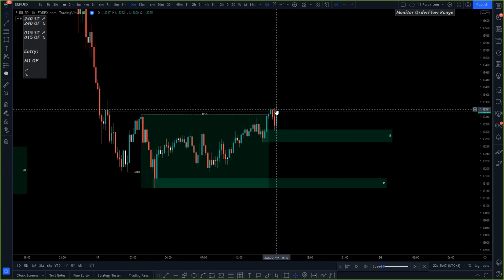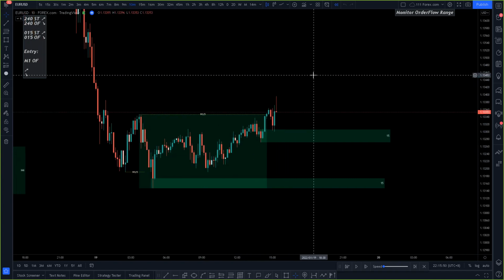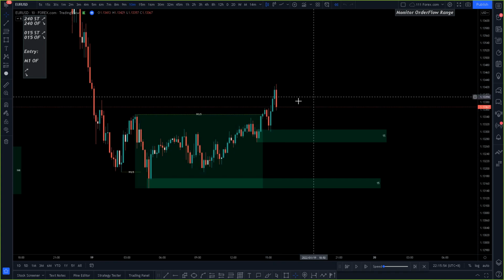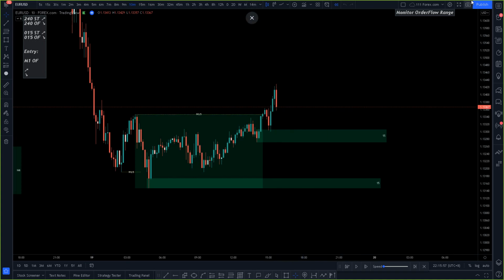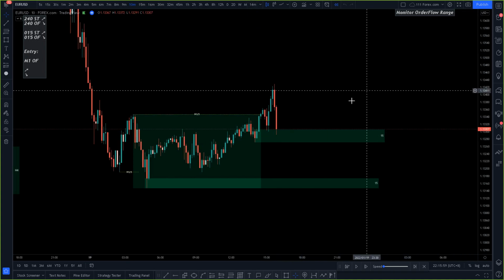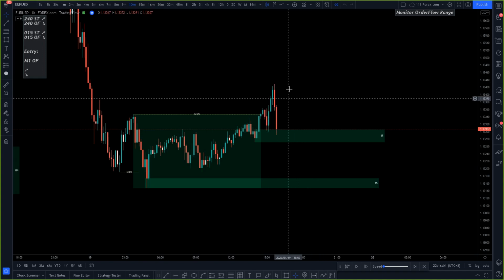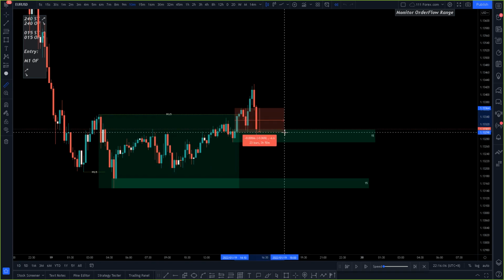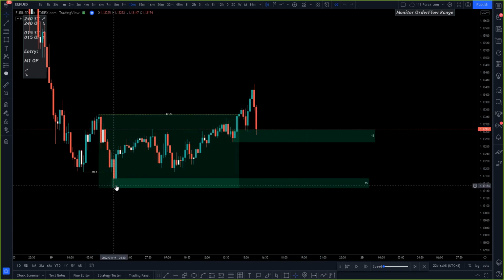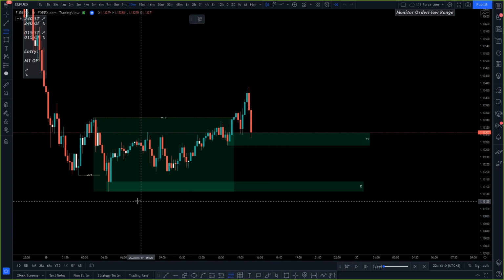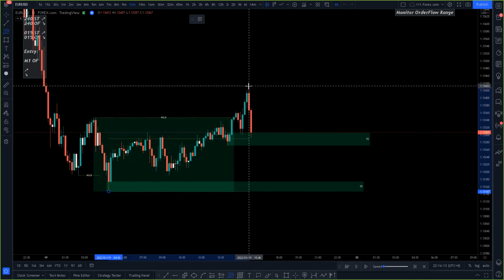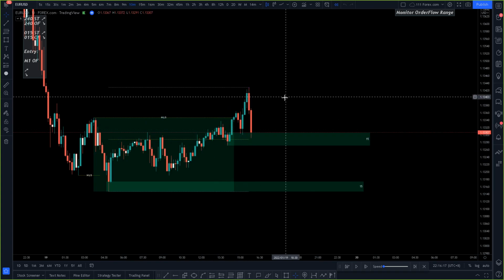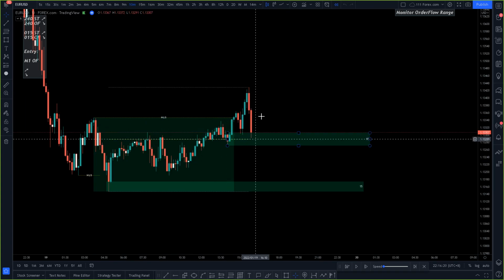So yeah, here is, is it 4 o'clock? Okay, so the range goes there. This is the low, this is the high. So 50% is around here, so great.